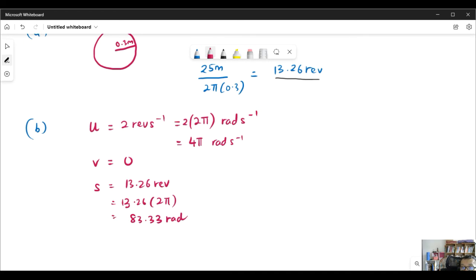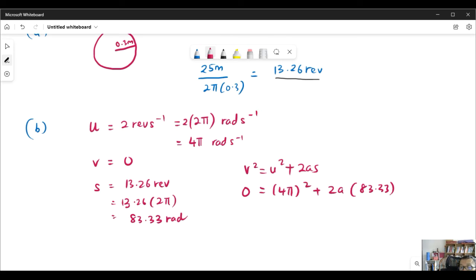So there is a formula for angular acceleration, which is given as v squared equals u squared plus 2as. v is 0, u would be 4 pi squared, plus 2a times 83.33.